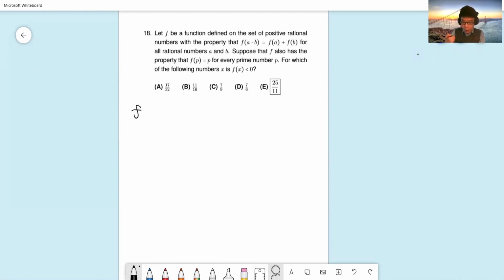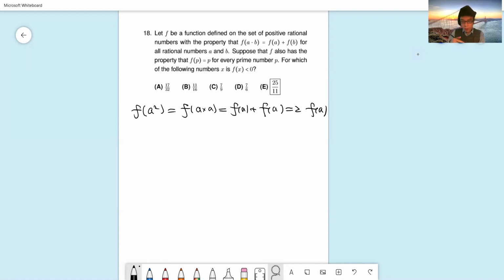First, if we set a equals b, we will have f(a squared) is f(a) plus f(b), right? So similarly, we can say a squared is a times a. This is f(a) plus f(a). This equals twice f(a).